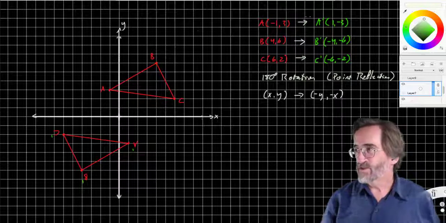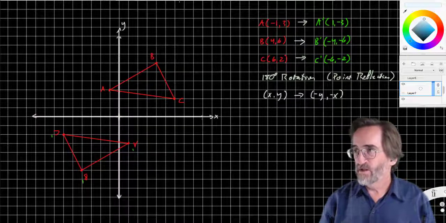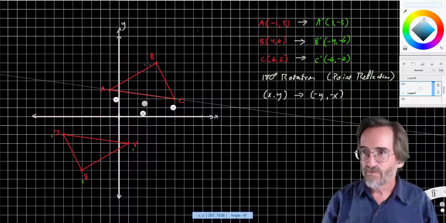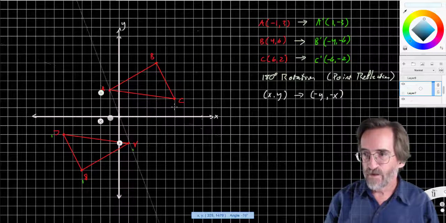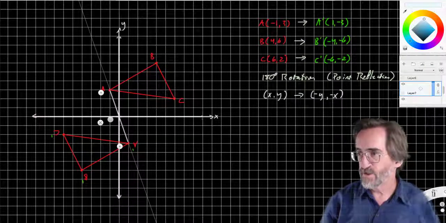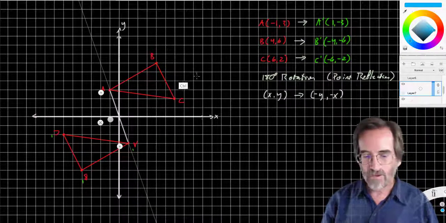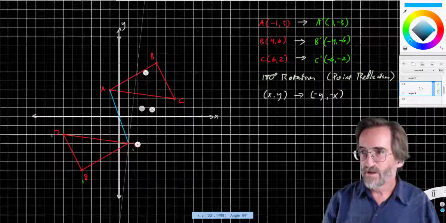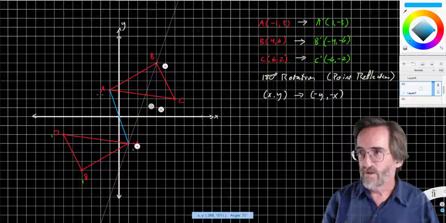Now the point symmetry part here is this. If I draw a line connecting every point of the object with the corresponding point of the image, you'll notice something kind of interesting. There's A to A prime.